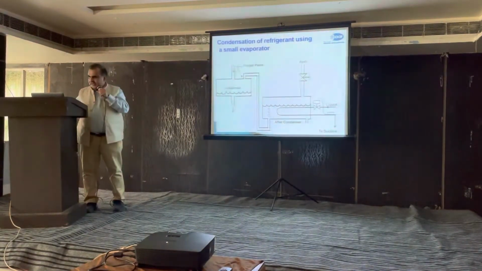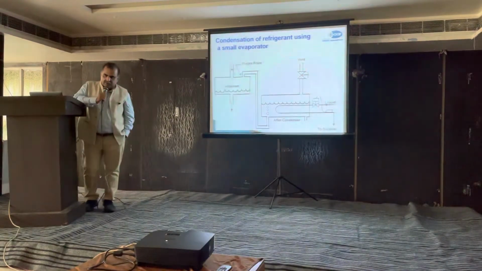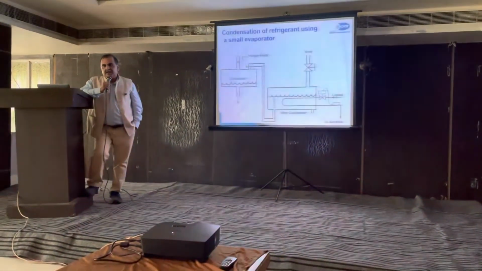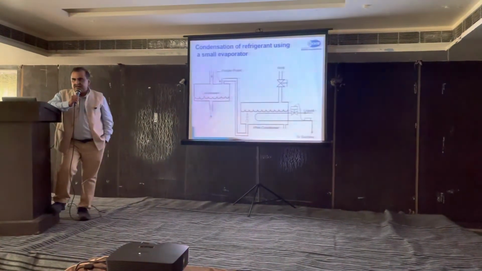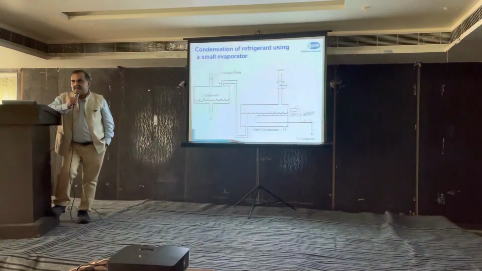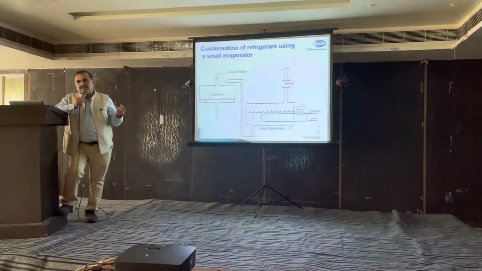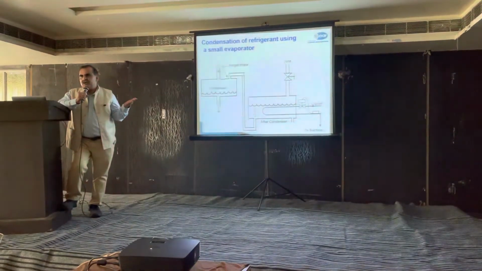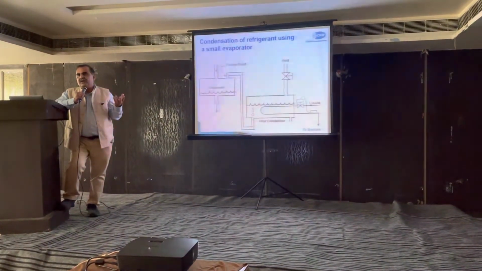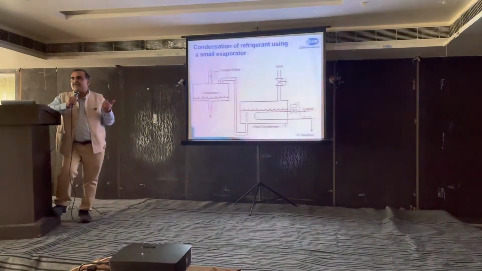So the second type of automatic purging uses refrigeration from the refrigeration plant itself. In this system, we take a small refrigerant input from our refrigeration plant, cool the coil, and put that gas back into the system. So if we have a 500 kilowatt or 1000 kilowatt minus 40 system, only 2 kilowatts are required for this purger.